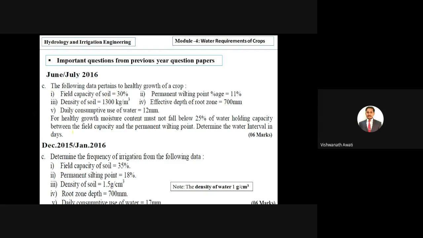Okay. Then December 2015 and January 2016, almost the same question, but there is a change in density of soil. They have given density of soil 1.5 gram per centimeter cube, and here also I have given density of water 1 gram per centimeter cube. Then go for next problem.